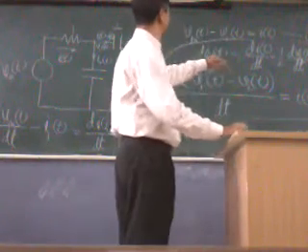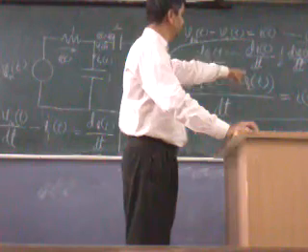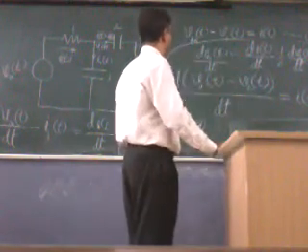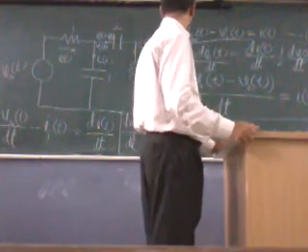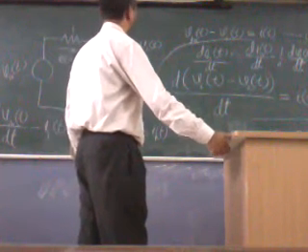And now what you can do? dV2(t) by dt you can replace by doing this. But there what do we have again? We have I1(t) there.